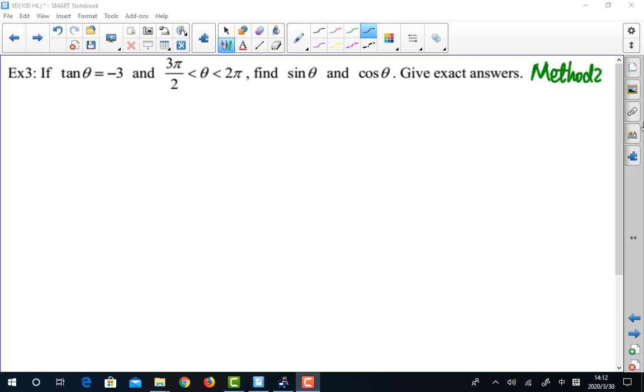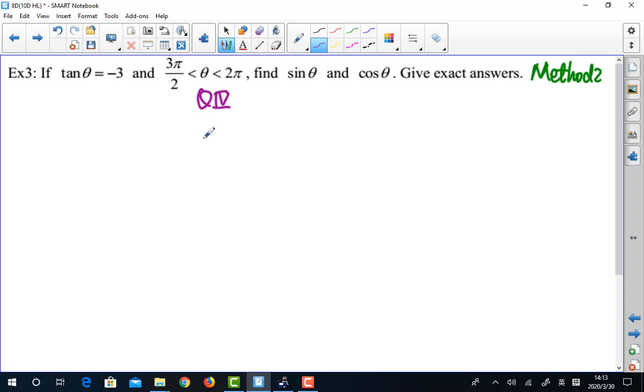Let's look at example 3. In this example, we are given tangent theta equals negative 3. And we are also given the restriction on the angle theta. This angle is in the fourth quadrant. Based on those conditions, we need to find sine theta and cosine theta.